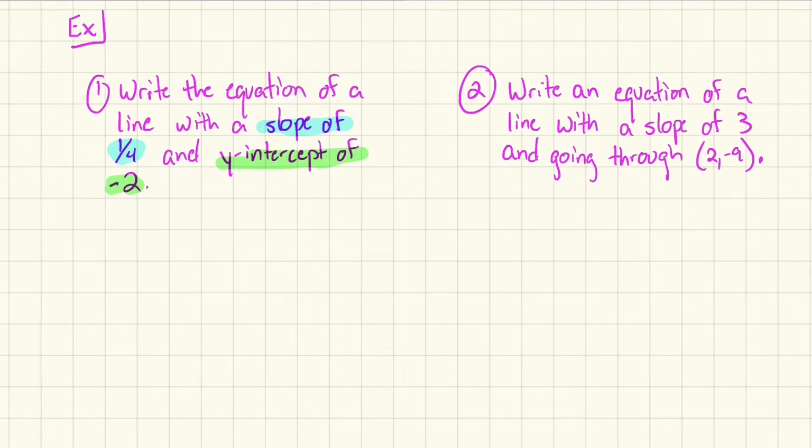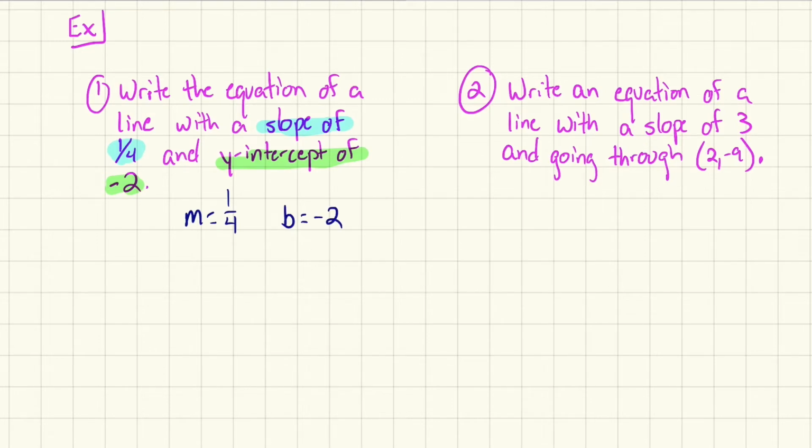It's always important in these kinds of word problems to pull out your important pieces of information and write them down so you have them. A slope of 1/4 means that my m is 1/4, and a y-intercept of -2 means that b is equal to -2.